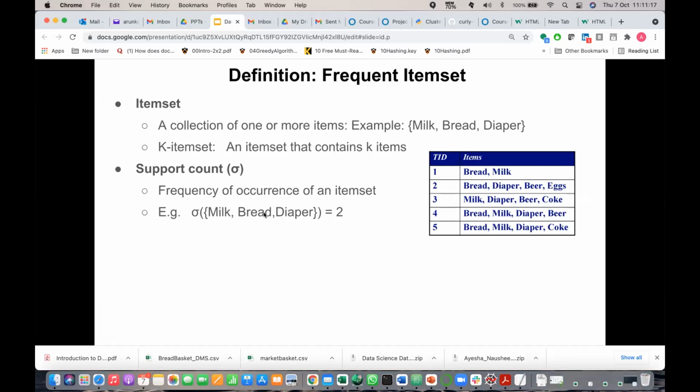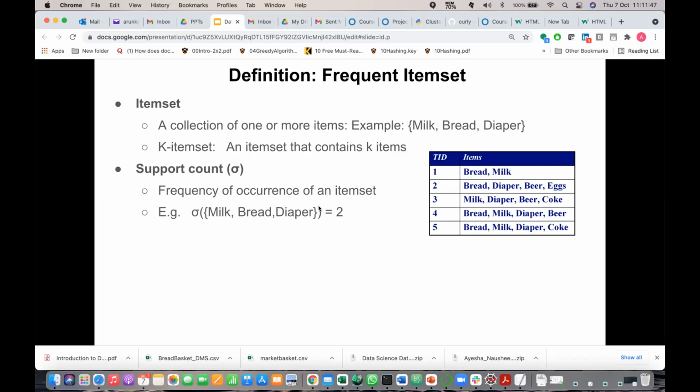Milk is missing. The third one, bread is not there, so it is not supporting. What about the fourth one? Yes. And the fifth, yes. So what is the support of this item set in this transaction data set? Two transactions are supporting, so the support is 2.